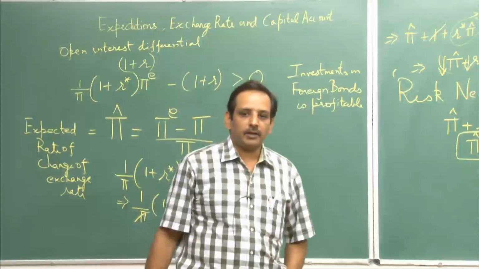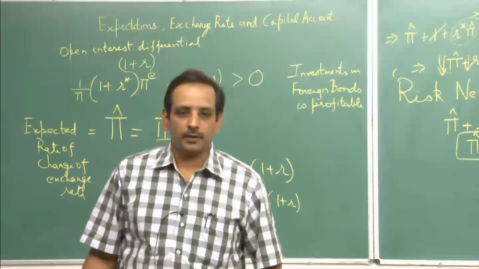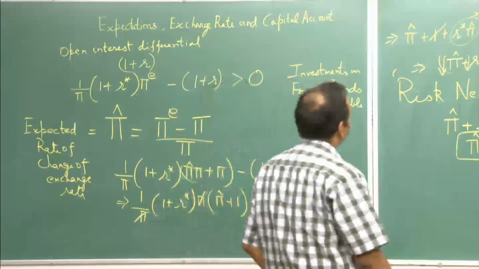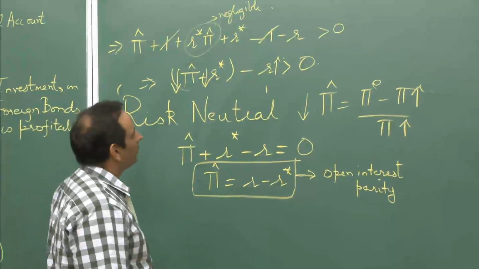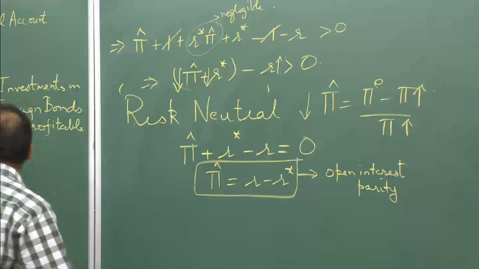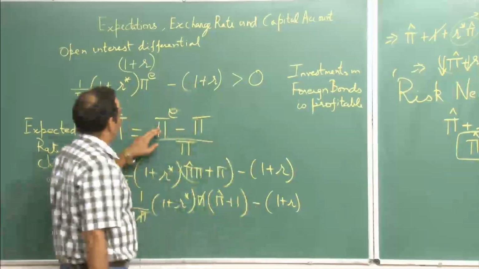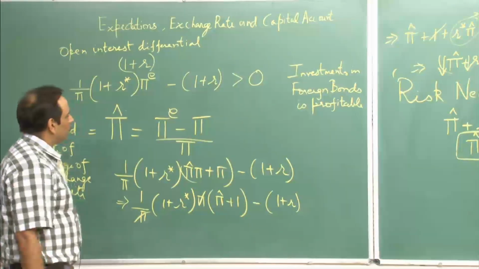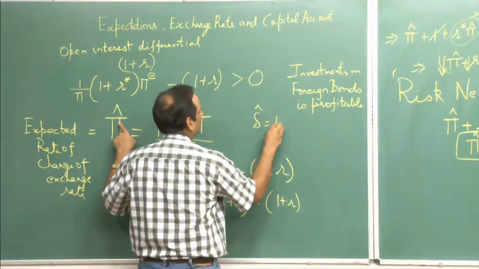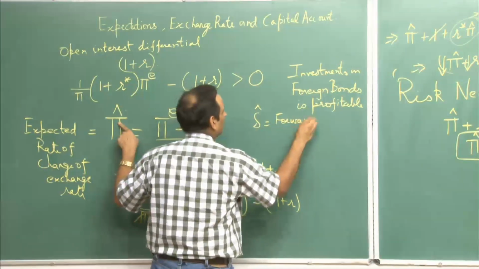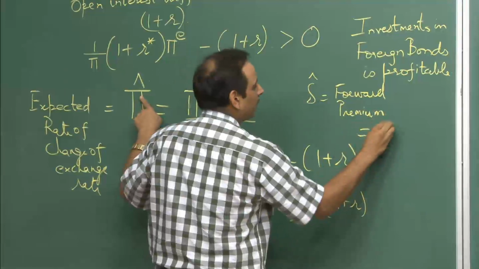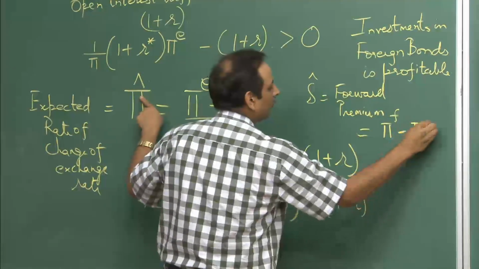There is something called covered interest differential or covered interest parity. We will discuss that. There is not much difference, except that this pi e that we have here, you replace pi hat with delta, which is the forward premium, which is (pi f minus pi) by pi.